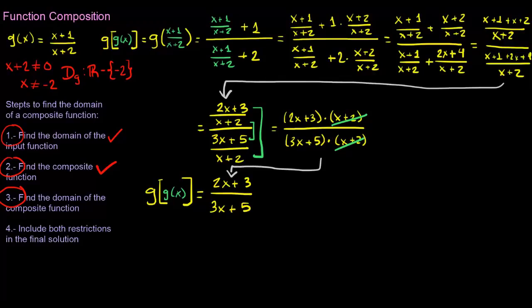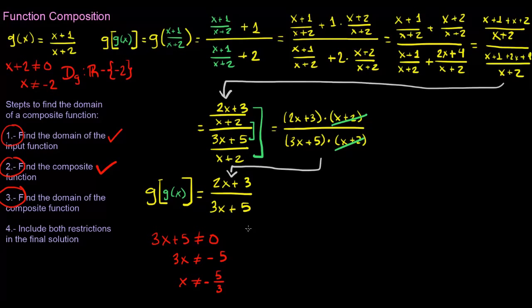Here it's pretty similar to the one we just did. We have to do pretty much the same thing. We have to look at what's in the denominator, as this is a rational expression, and we write it like this: 3 times x plus 5 has to be different from 0, so 3 times x has to be different from negative 5, so x has to be different from negative 5 over 3.